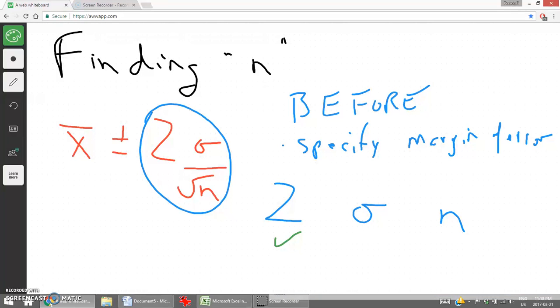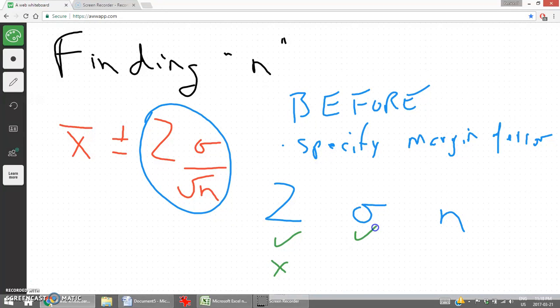That's how we could reduce the margin of error by decreasing our confidence level. So our margin of error is smaller, but we are less confident that our confidence interval is going to include that population parameter. So changing our Z value, not good.